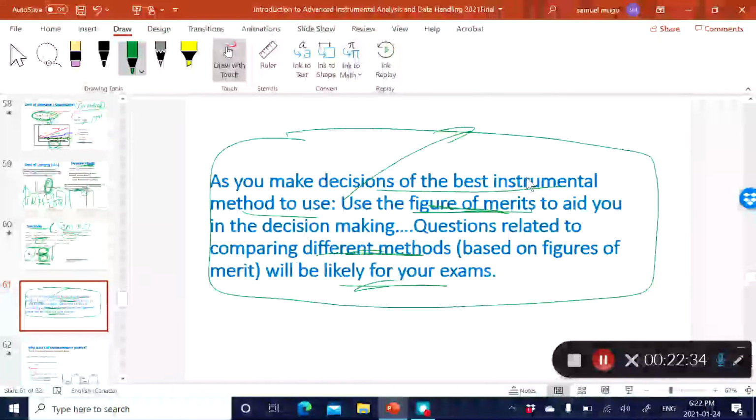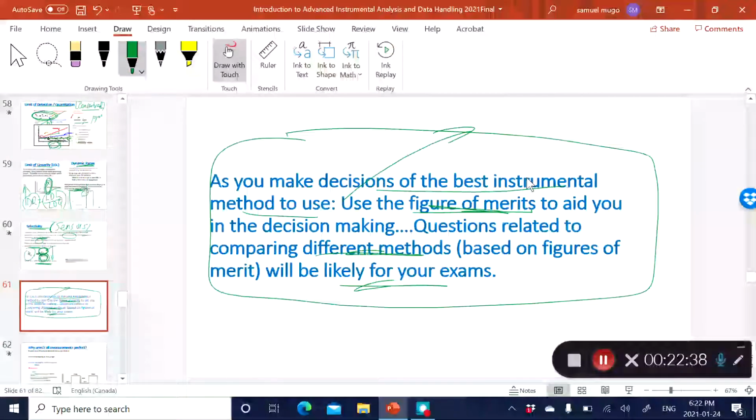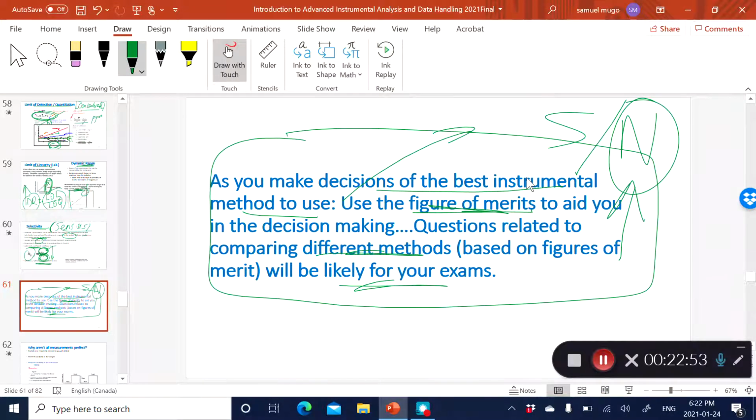You remember all we've been talking about is instrument response. An instrument response comprises the signal, which is what you are interested in. But unfortunately, as we said, every instrument has noise in it, and noise accounts for the random errors.